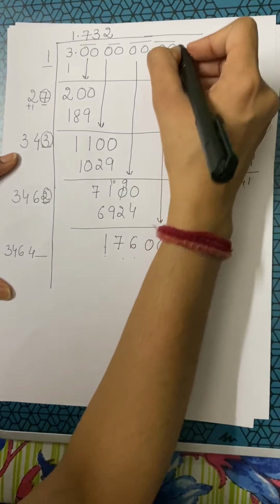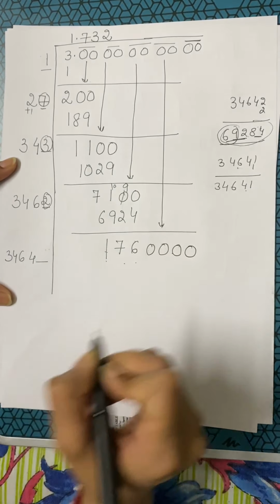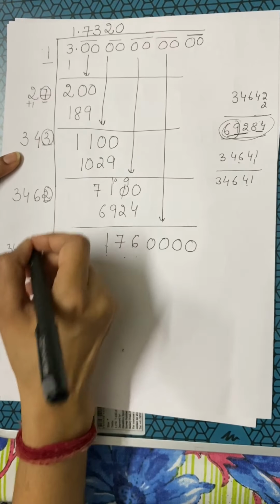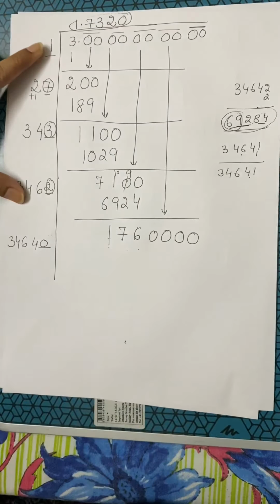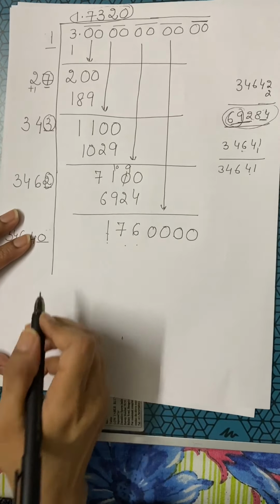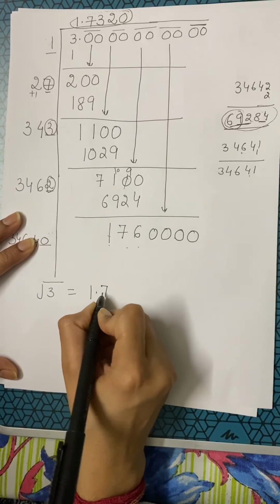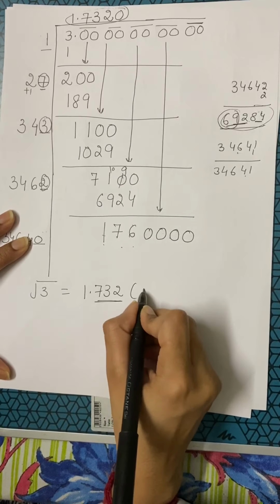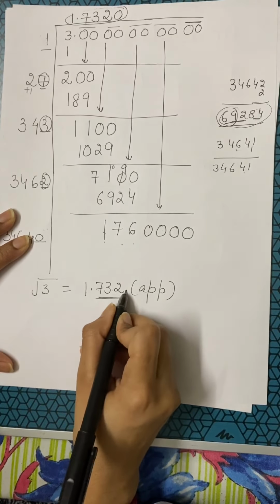So what I will do, I will take one more pair of zeros and take them down. So this is how we will multiply and put 0 here also. So this is how we'll get the approximate value of square root of 3, as far as correct up till 3 decimal places. Square root of 3 is 1.732.